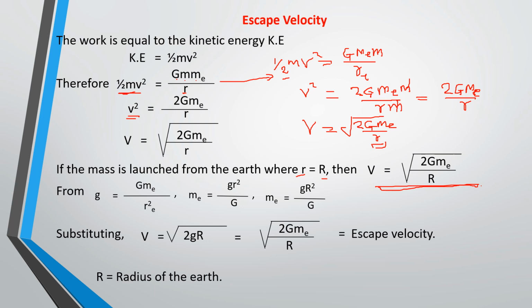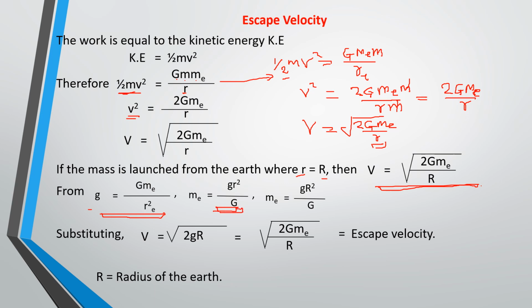Now I want you to remember that when we treated the calculation of the mass of the Earth, this is the equation we had from gravitational acceleration. We said that gravitational acceleration equals force per unit mass, and then we were able to arrive at this equation.